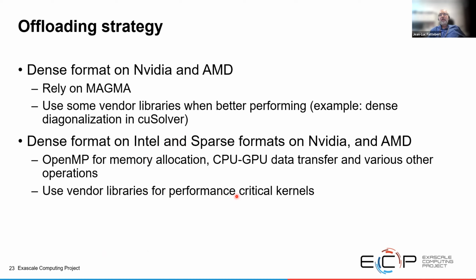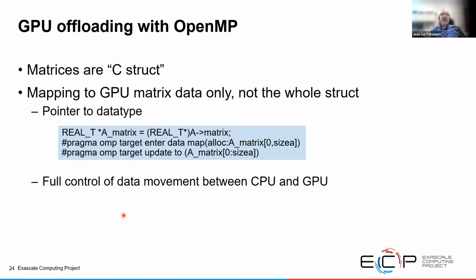One example is cuSOLVER on NVIDIA, which is outperforming MAGMA significantly. For Intel, dense as well as sparse formats on older machines, we're using OpenMP offload for memory allocation, data transfer, and a few other operations, and use vendor libraries for performance critical kernels.